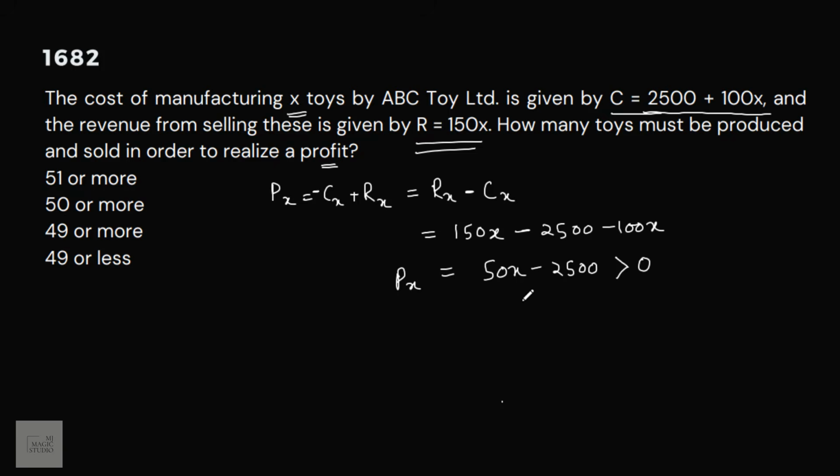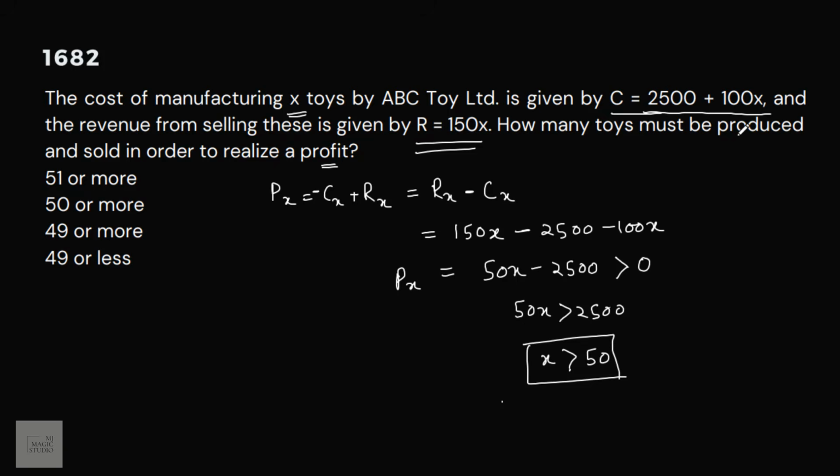It should be greater than 0. That means 50x should be greater than 2500. X should be greater than 2500 divided by 50, that is 50. The company should sell number of units that should be greater than 50.